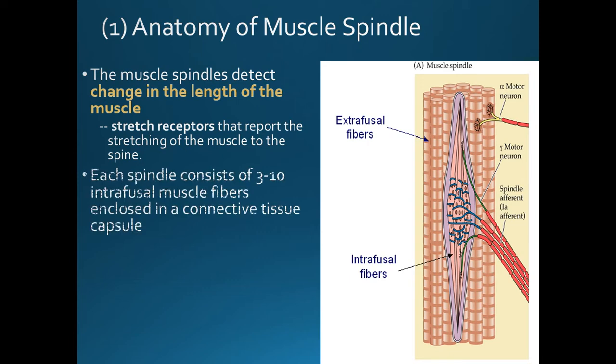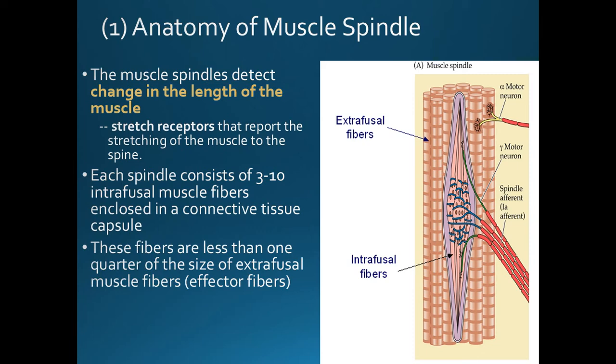Each spindle consists of 3 to 10 intrafusal muscle fibers enclosed in a connective tissue capsule, as shown in the figure. These fibers are less than 1/4 the size of extrafusal muscle fibers, which are called effector fibers.